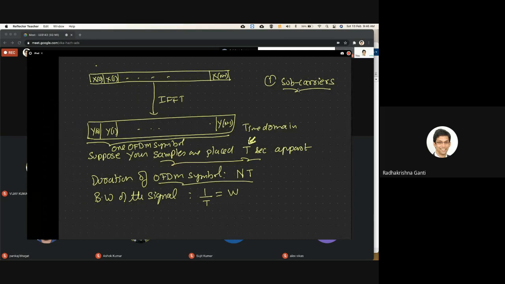Now let's get into the frequency domain. This is my frequency domain. The entire bandwidth is W, and this is what I called my subcarrier.